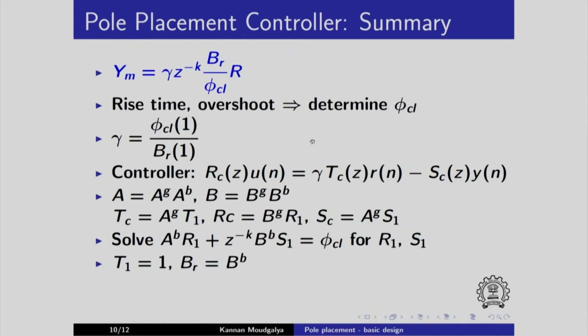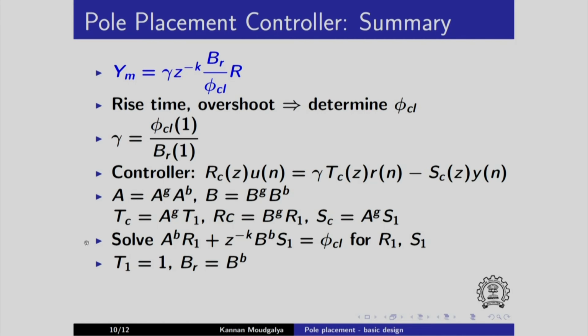So let us summarize what we have seen so far. Here is the reference model. We were given rise time overshoot, so we determine the characteristic polynomial. From the steady state condition we determine gamma, and the controller is given here, and we factored A and B into good and bad parts, and we got controller polynomials.